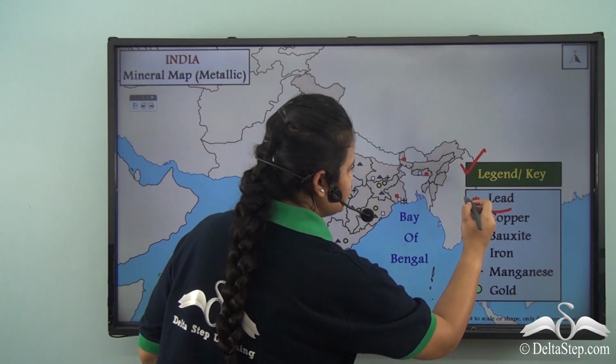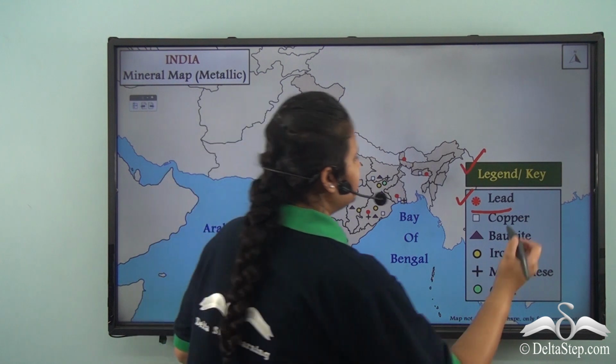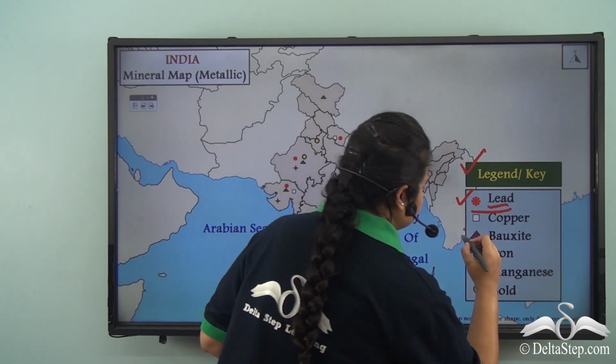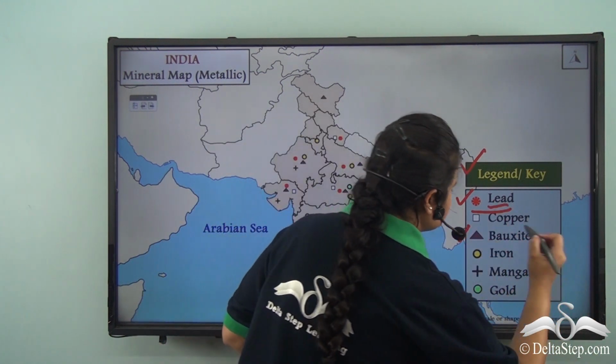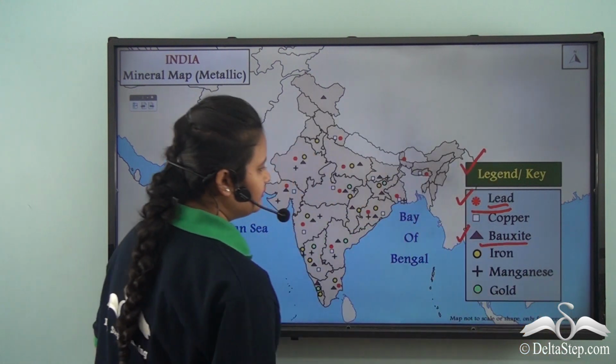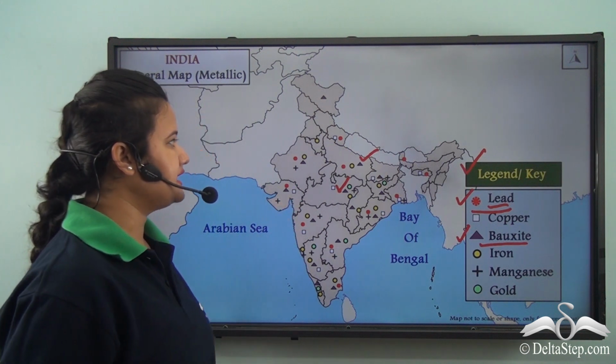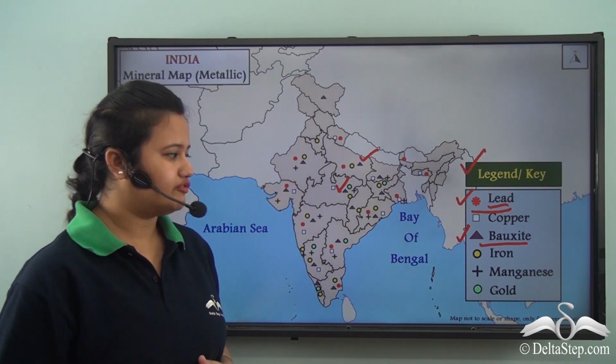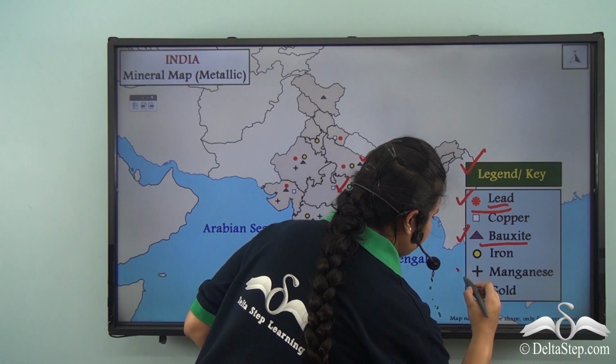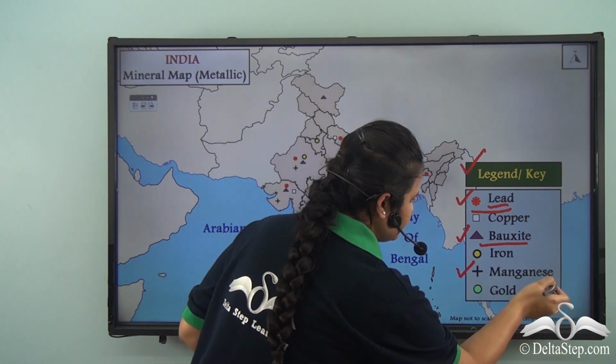For instance, this symbol shows that it's the lead metal, and this triangular symbol shows that it is bauxite. So wherever this triangular symbol has been used, we can understand that here bauxite is found. Similarly, this plus sign stands for manganese mineral.